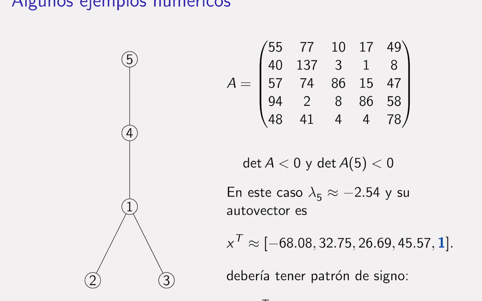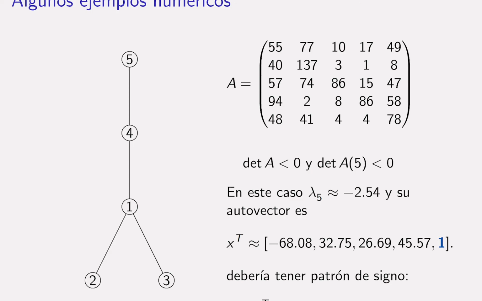In this case, we only know that the submatrices 1, 2, 4, 5 and 1, 3, 4, 5 are TP. We also have 1, 2, 3 here, but the determinant is negative for this matrix, and because 5 is pendant, and 2 and 3 are leaves, this determinant is negative, so it doesn't apply. It's not true that A5 is a P matrix.